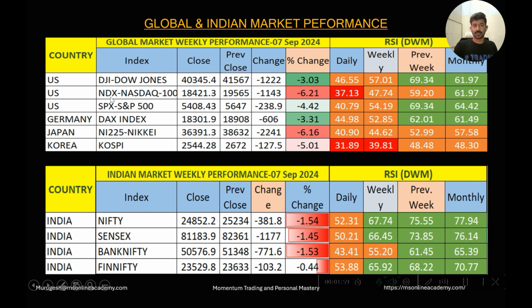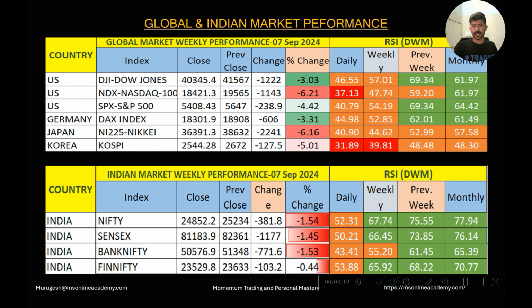But now, even in the US, Germany and Japan, the global markets are not in that way. On weekly and daily, the RSI is below 60. It is clearly telling us the market is sideways.